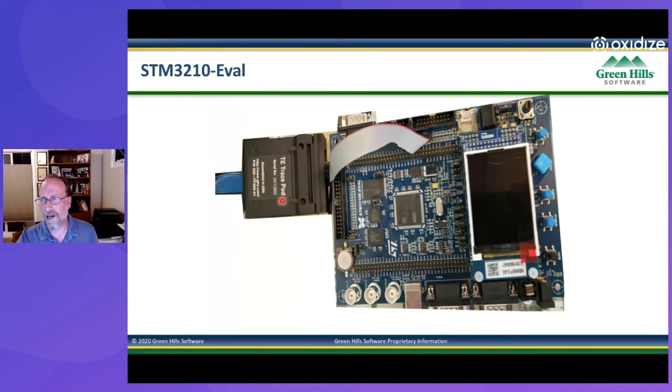This trace pod, connected to the trace port with the appropriate electrical on this higher cost board, lets me do that. So the extra peripherals, the extra debug, that's what makes this a more commercial-oriented board. This is, in fact, a reference board that's frequently used for medical designs, infusion pumps, and those types of systems.